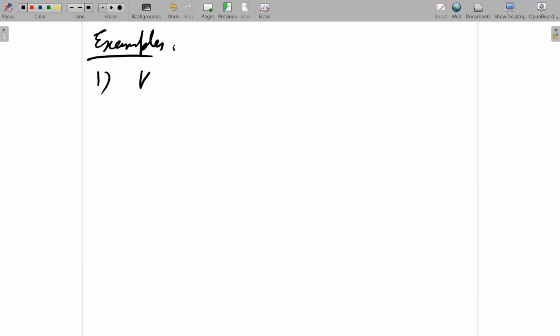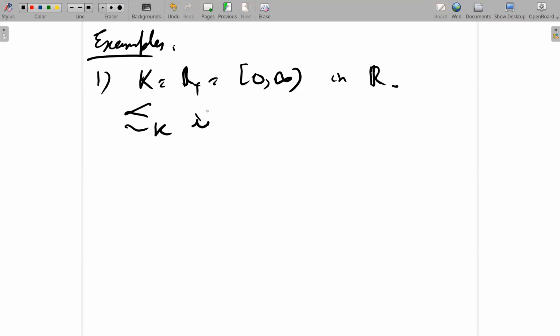Okay, so let's see a couple of examples. So 1, K equals R plus, this interval 0 to infinity in R. This is the one I was talking about. So this is the usual ordering, less than or equal to on R. And by the way, these inequalities are known as generalized inequalities.